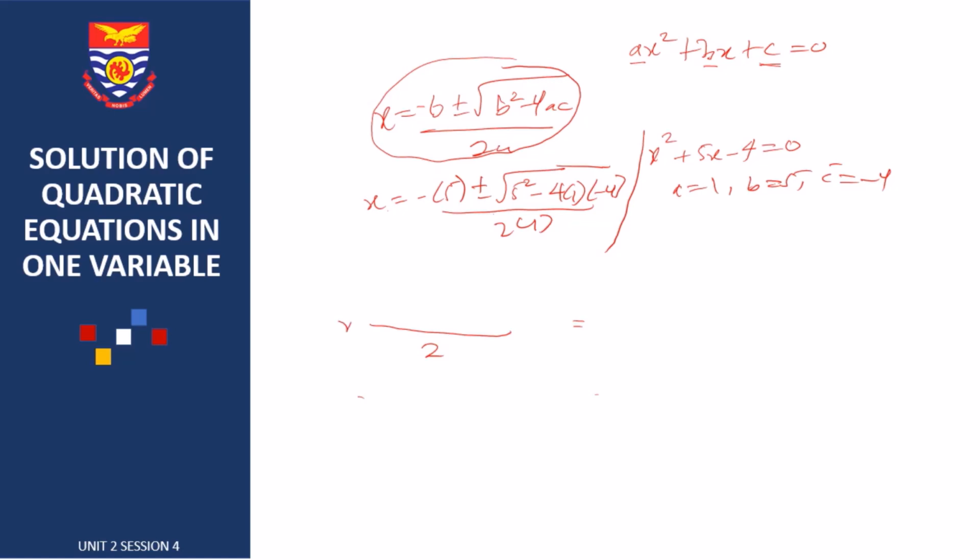Now x will be equal to minus 5 plus or minus the square root of 25, and minus 4 times minus 4 gives plus 16. So I have 25 plus 16, which is 41. Your calculator can simplify this for you to get the answer.